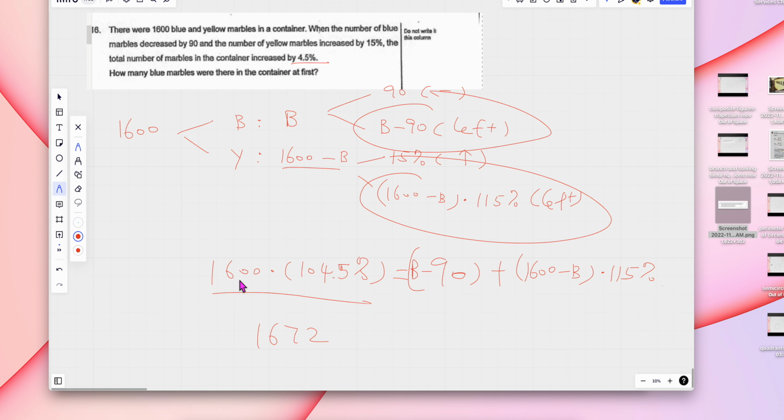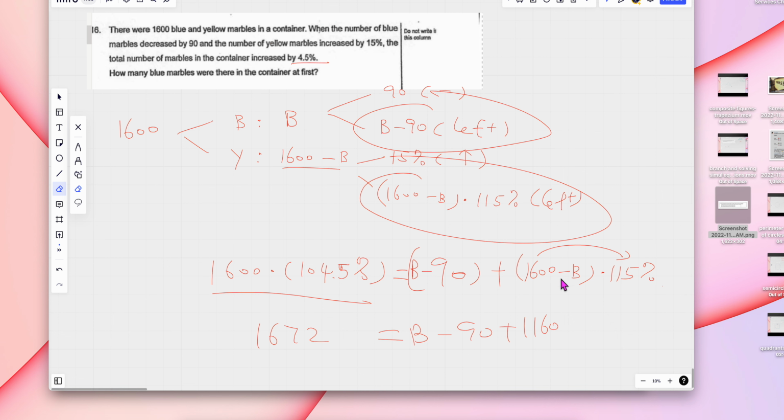So this will be the left hand side. Equal sign. So this is B minus 90. Then over here you need to do 1600 times this 115%. You said 116%, no. I say 1600 times 115%.